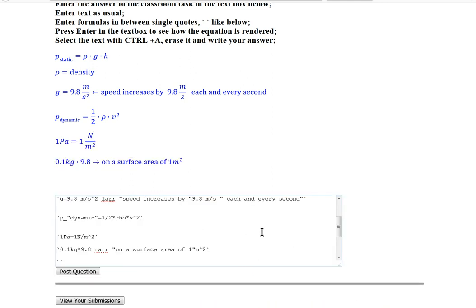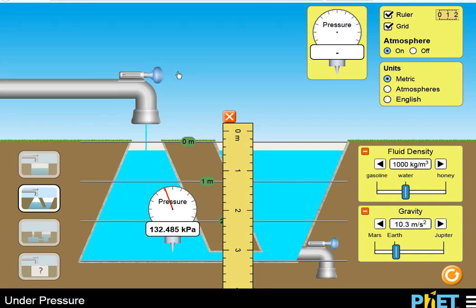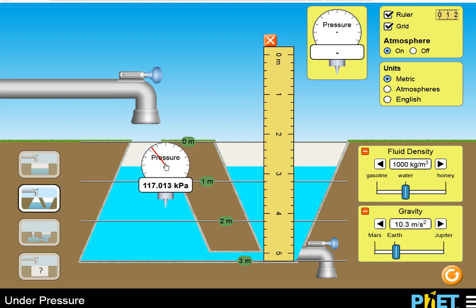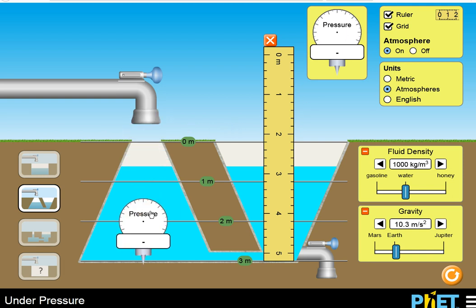Okay, what else can you do? You can have vessels that have different shapes. Again, you can add water, you can get rid of some of the water. You can measure the pressure at different depths. As depth decreases, pressure decreases too.